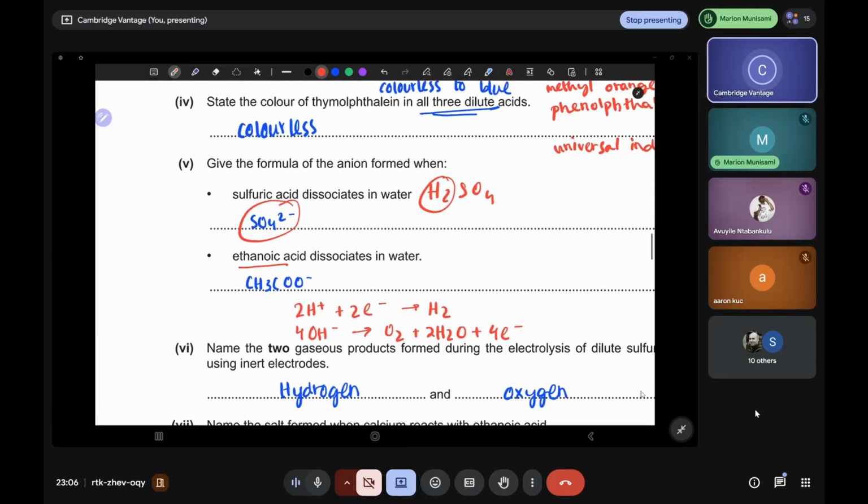And they asked for the formula, so you wrote down the formula over here. If they asked for the name, you would write sulfate ion, and for this one you would write ethanoate ion. This is if they asked for the name, which they did not. They asked for the formulas.